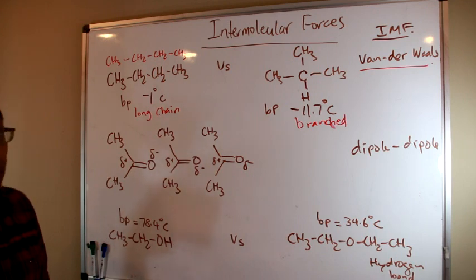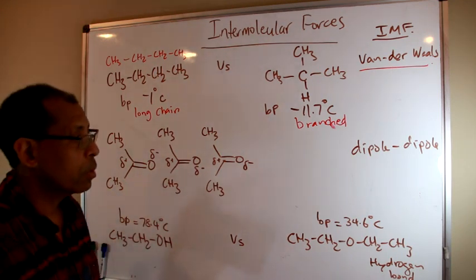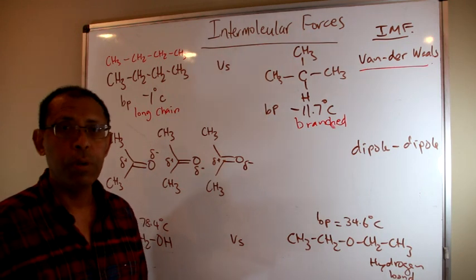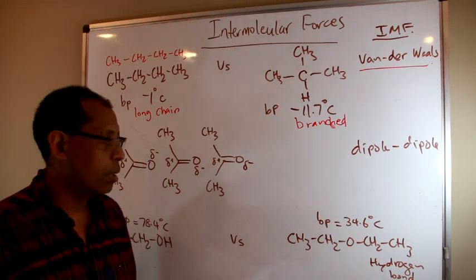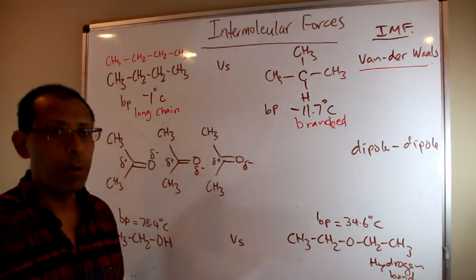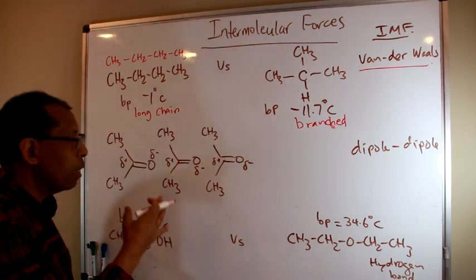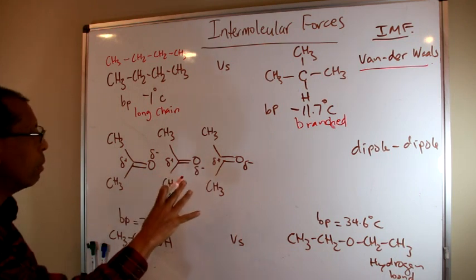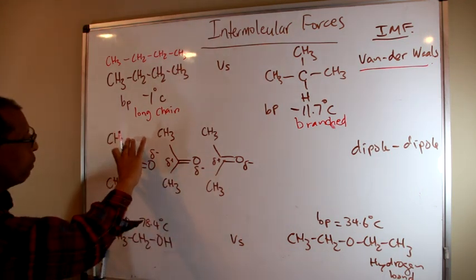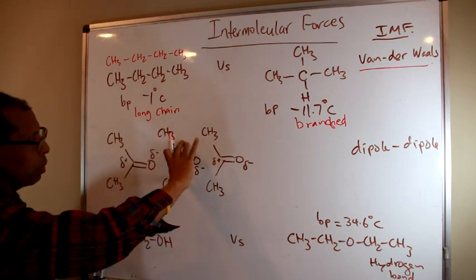So the next kind of intermolecular force is due to the functional group having a heteroatom like oxygen, whether it is in a double bond or in a single bond. The intermolecular force comes because of the interaction between, for example, if you have one molecule here, another molecule of the same.